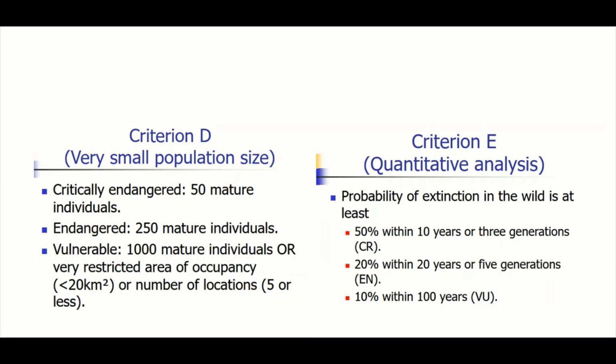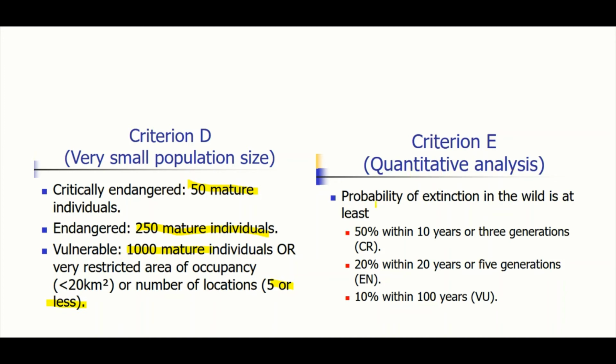Then very small population size: if you just find 50 mature individuals, that's critically endangered. You find 250, that is endangered. If you find 1,000 mature individuals or very restricted area of occupancy less than 20 kilometers squared, or a number of locations that is 5 or less, that is vulnerable.